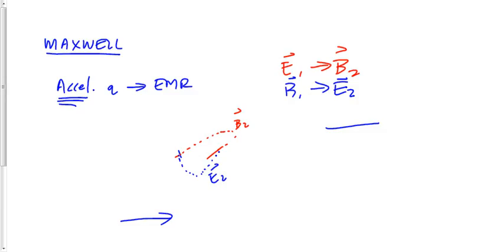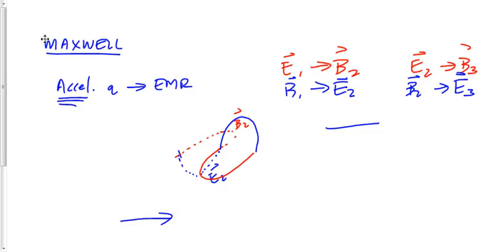E2 will produce B3. And B2 will produce E3. Once again, the energy that was present in B2 and E2 is gone. It was transferred to B3 and E3, and then we have the wave looking like this.